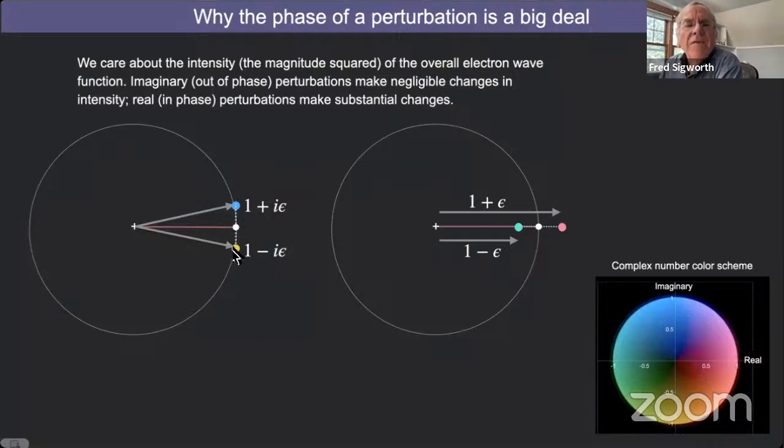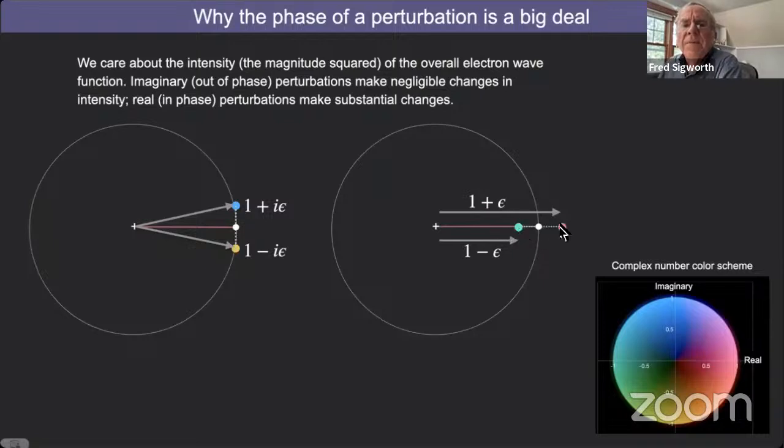And now if we add to it a diffracted wave that changes in this direction, that is, it just has an amplitude of i, we're not going to change the magnitude of the result much at all.